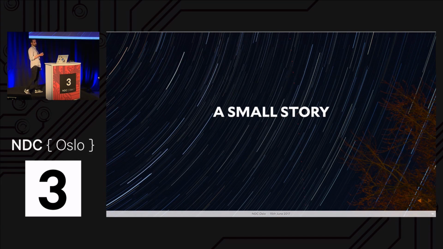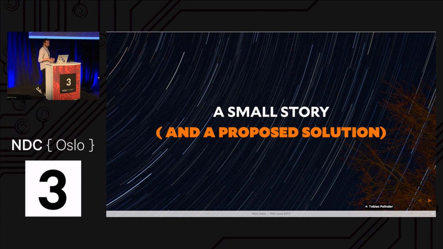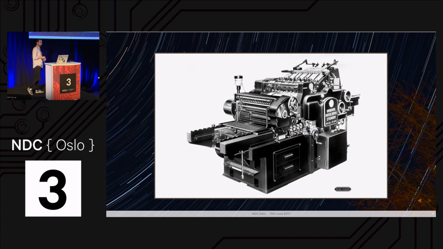But I want to diverge a bit from the debugging to tell a small story and then come back. And of course, with that comes a solution. So this is a rotary printing machine. Before it was invented, people would typically assemble small letters or words or sentences against a sheet of paper with ink and then print. It was a very long and tedious process.